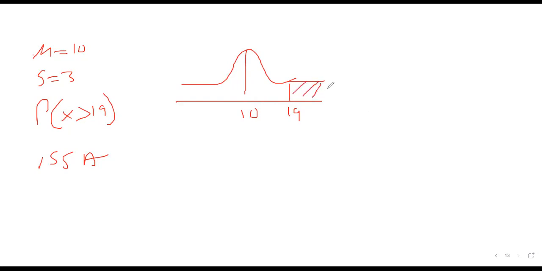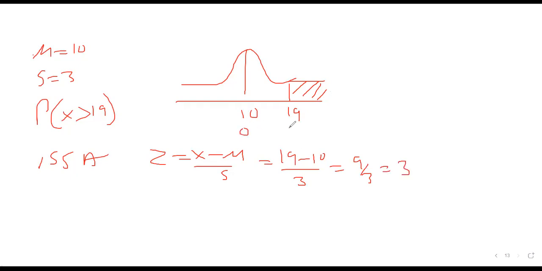So what is the next step we do? We standardize. How do you standardize? X minus mu over standard deviation. So 19 minus 10 divided by 3. So 9 over 3 is 3. So meaning the 10 is at 0, the 19 is at 3.